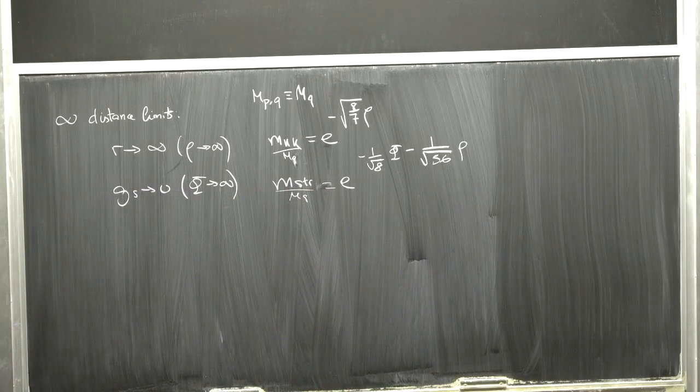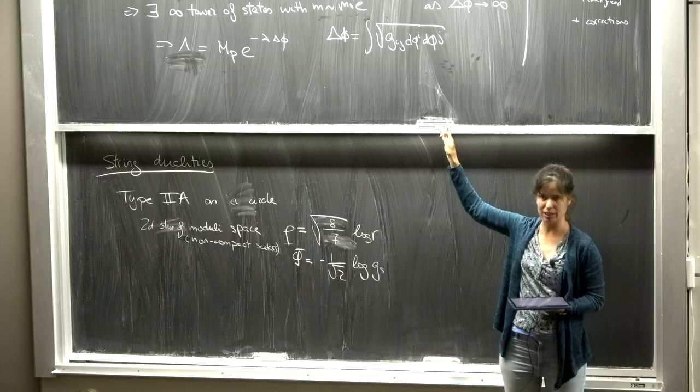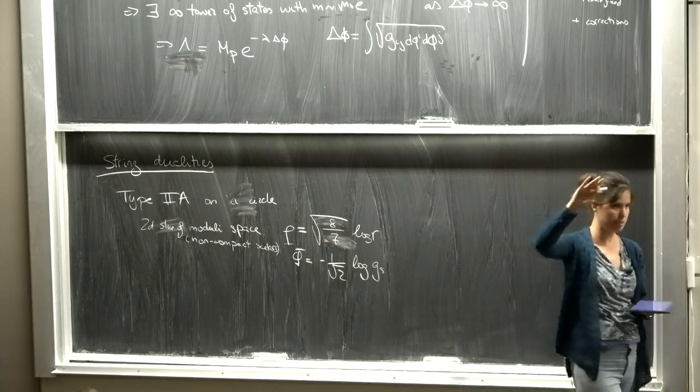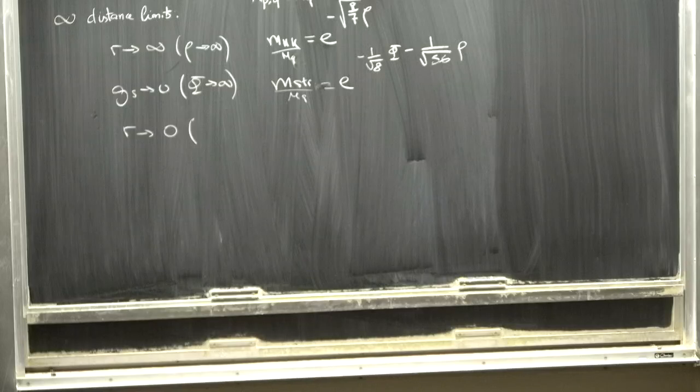Now, the power of this conjecture is that this should work for any infinite distance limit of the scalar manifold. Any infinite distance limit, okay? Doesn't matter what it is. So already here we are missing some infinite distance limits. Some of you were remarking that if the radius goes to 0, this is also an infinite distance limit.